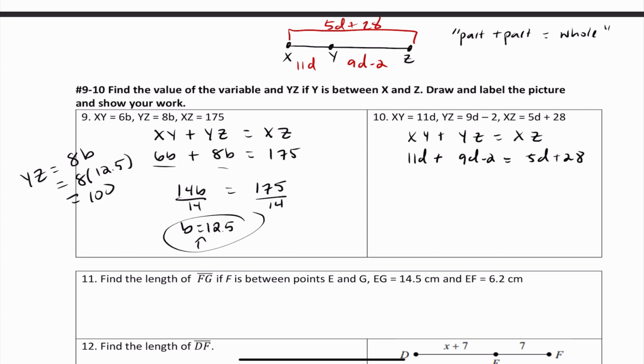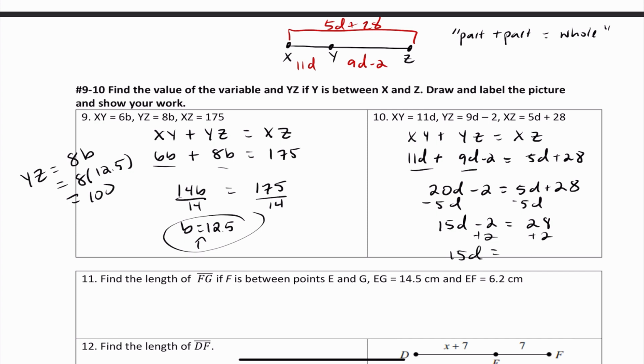I am going to combine, so I get 20d minus 2 equals 5d plus 28. I'm now going to minus the 5d on both sides, so I get 15d minus 2 equals 28. Add 2, so you get 15d equals 30. Now if I divide both sides by 15, d is equal to 2.